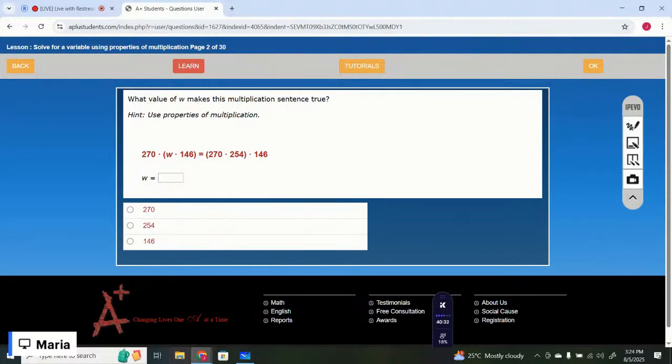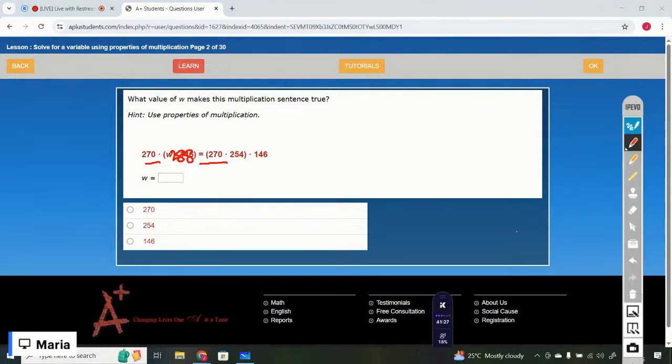What value of W makes the multiplication sentence true? So which is the correct option? That is 270 times 254 times 146.